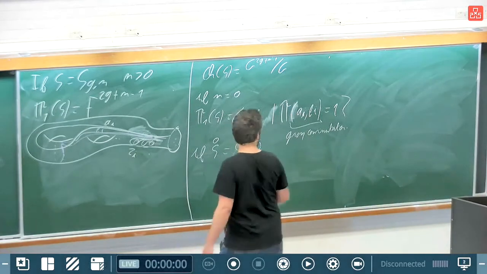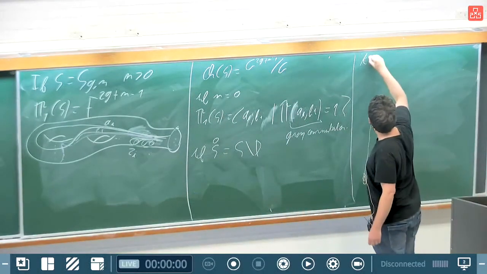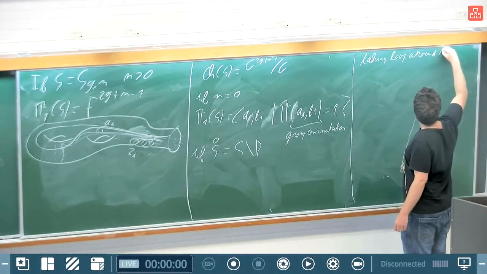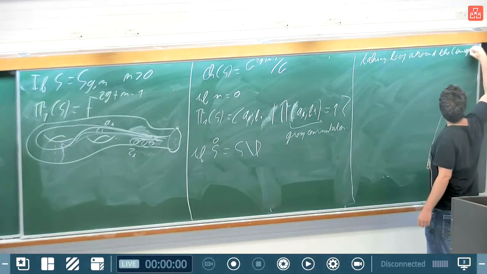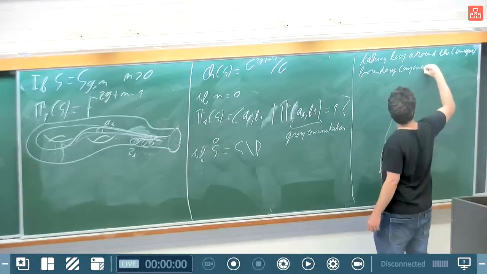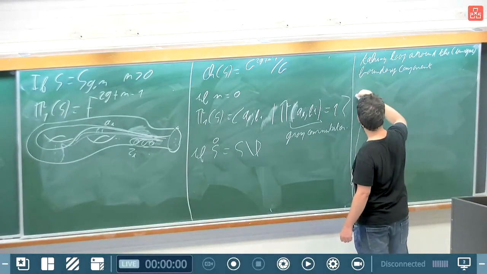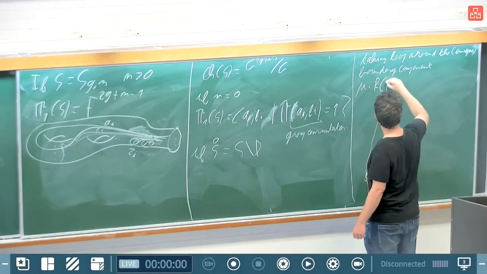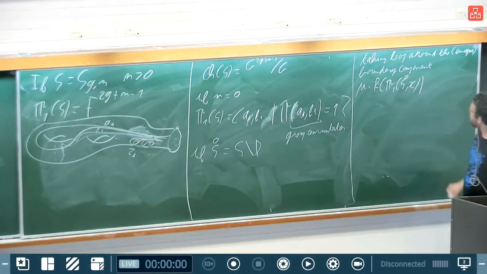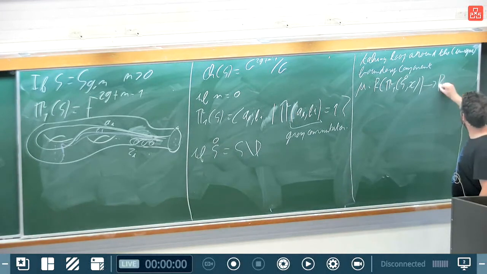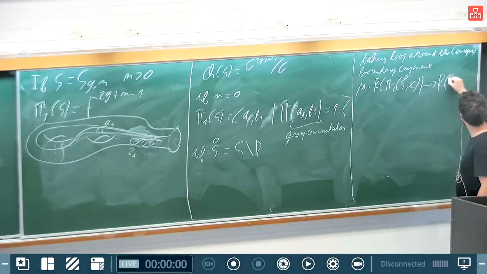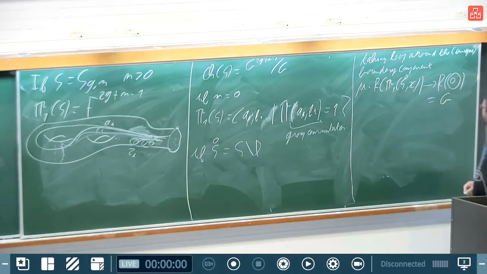And the claim is that the monodromy, taking a loop around the unique boundary component in that case, gives you a map from the representation variety of S naught, for whatever base point I chose, to the representation variety of an annulus, which is just G.